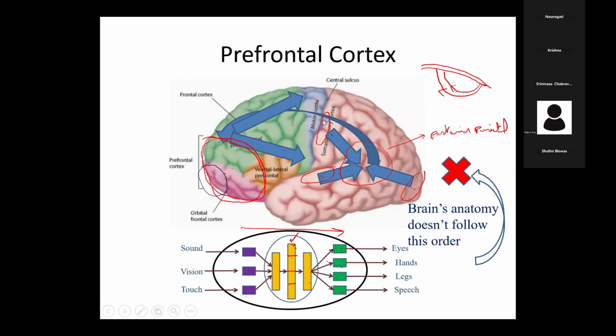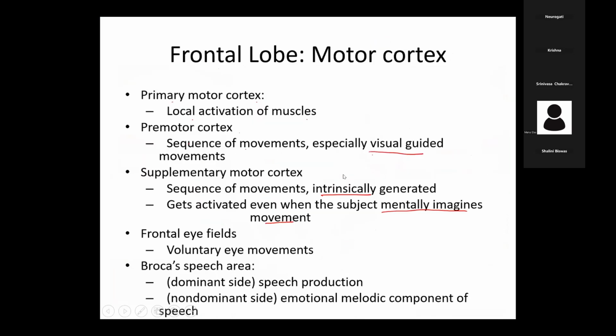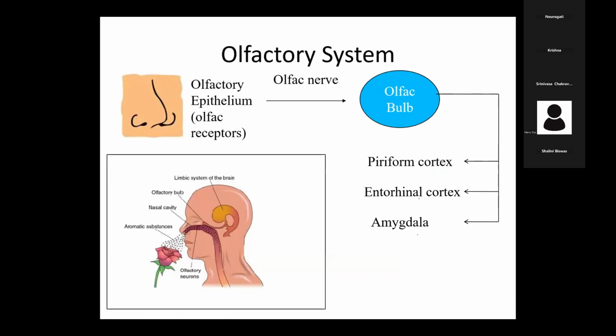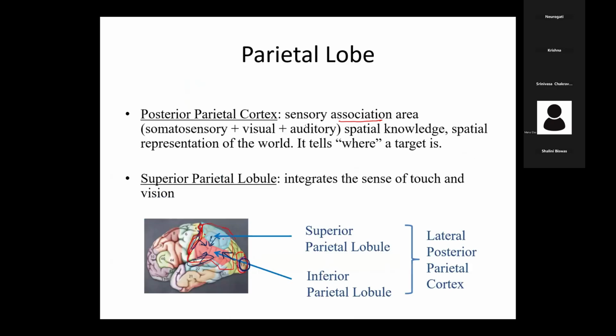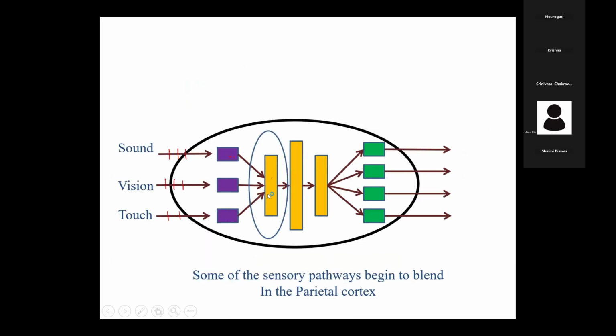All of them, after this initial primary processing, the next stage comes to somewhere here. They all meet here. That's like your higher hidden layer on the sensory side. Okay, so that is this region. Right, you have to combine them because you have to come up with an integrated concept of various objects. So that is your parietal lobe.